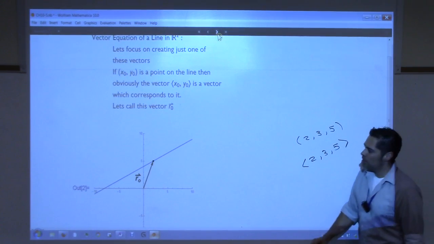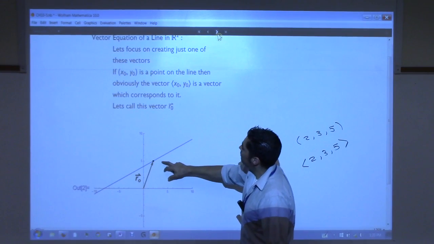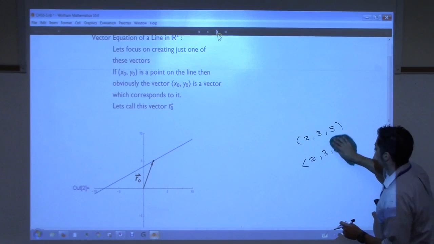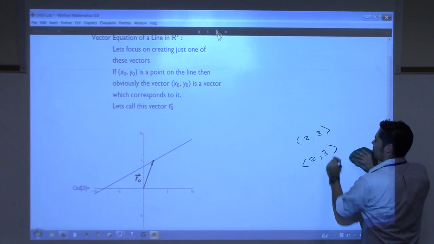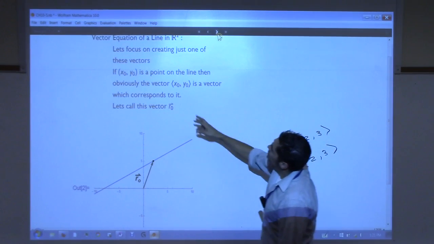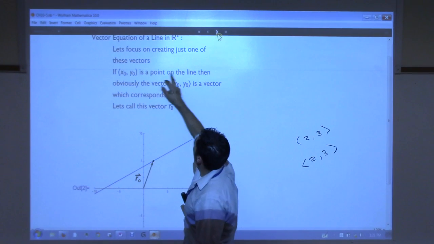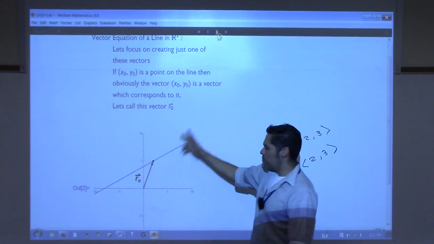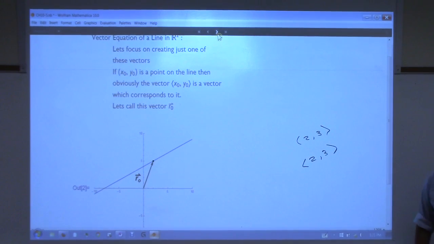Yeah? Okay. So if I have a point on the line, oh, I did it in two-dimensional space. I better stick to 2D. Right? So if this is a point on the line, then obviously the vector x naught, y naught is a vector which points to it. We'll call that r naught.